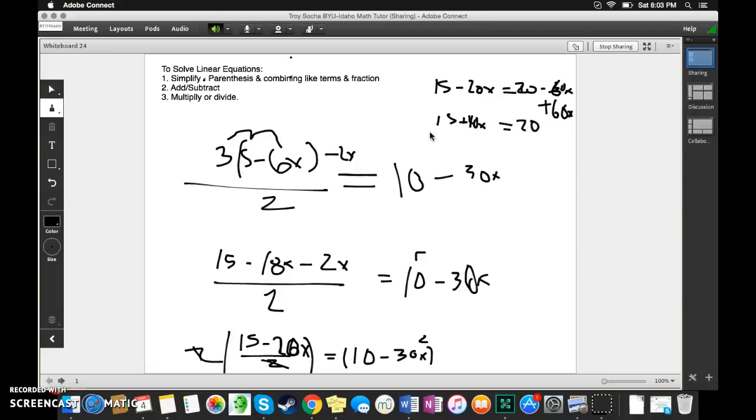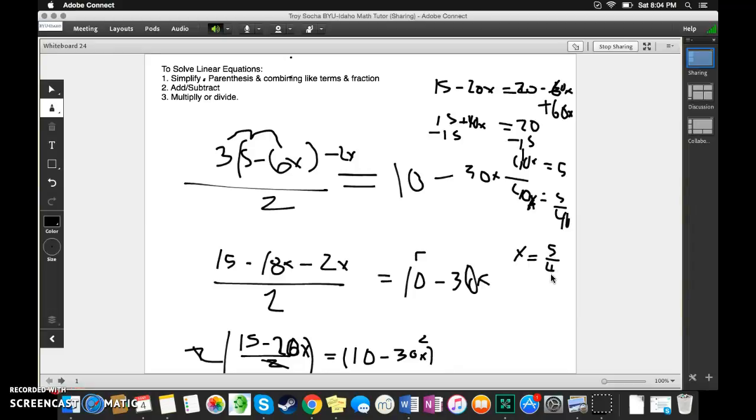Now we're going to subtract 15. 40x equals 5. Divide by 40. Now we're on the multiplication and division step, which is usually the shortest step. So x equals 5 divided by 40.